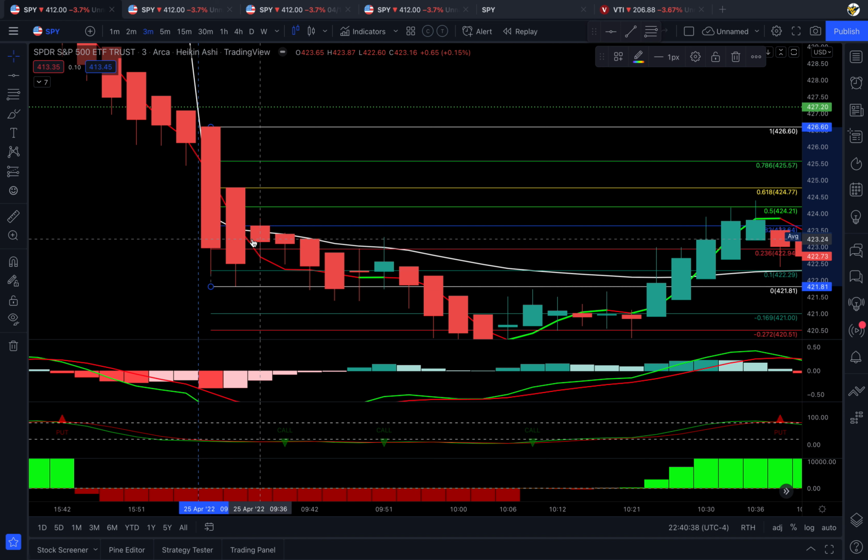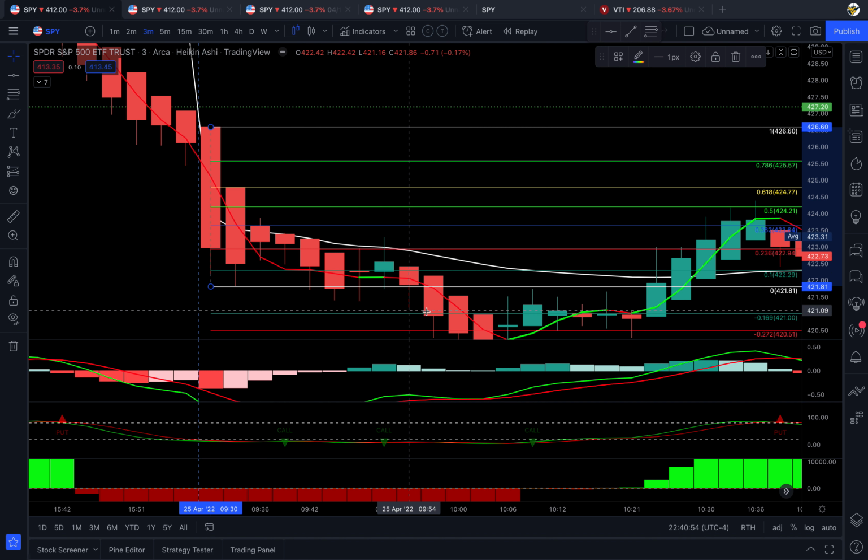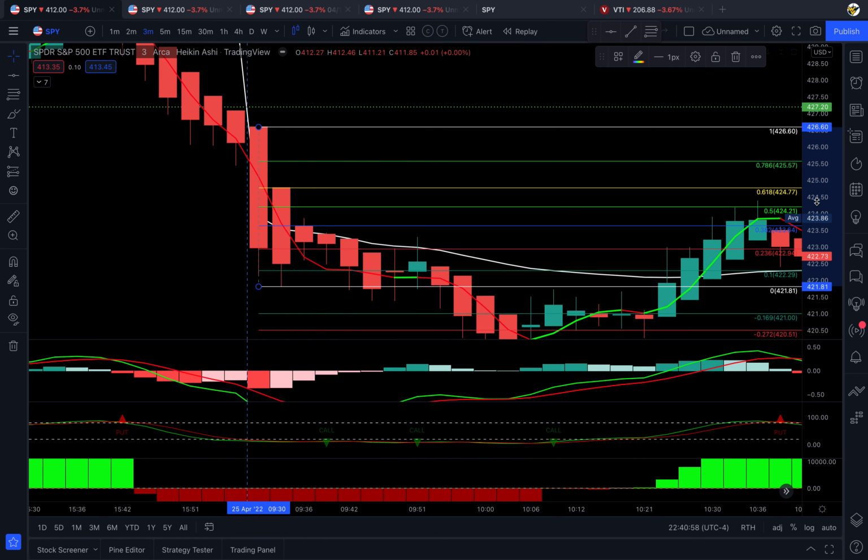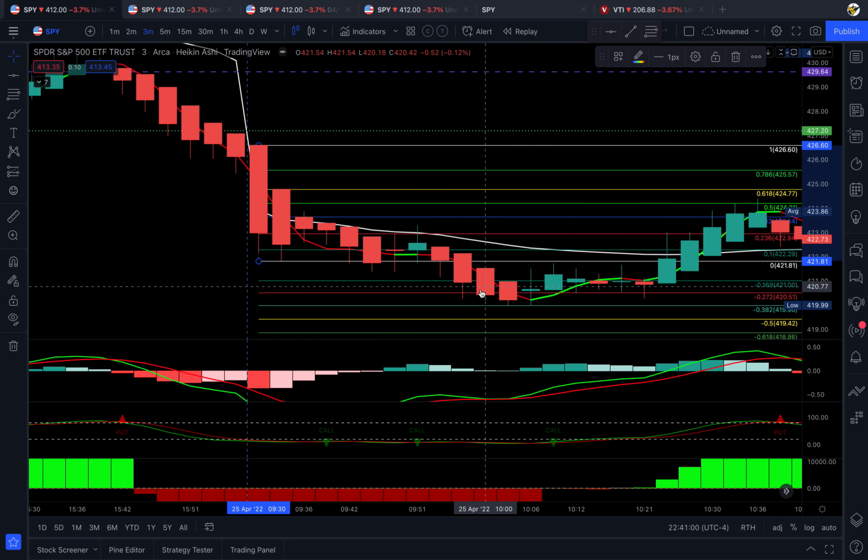The next candle, it started coming back again. So for example, if I got in here, initially I was green, but then I turned red, but it didn't hit my stop loss. So I would have held through all that and I would have got out right here at this 169 level and then at the 382 level.